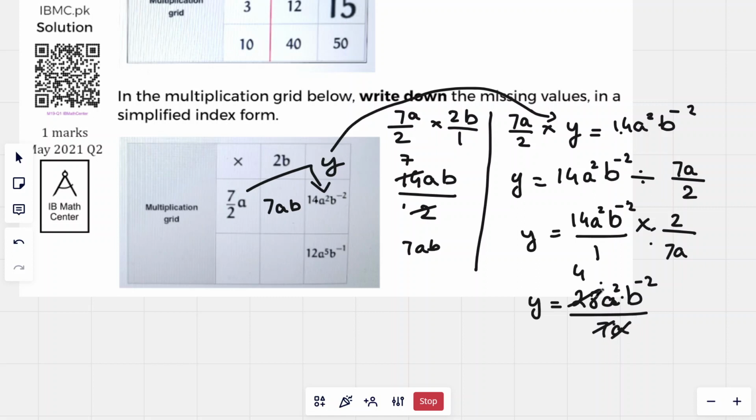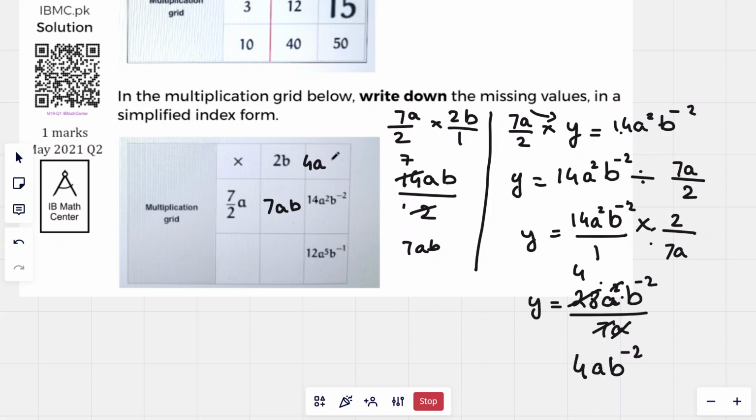We've got a in the denominator, we've got a squared in the numerator, so the a in the denominator will consume one of the powers. We'll just be left with 1a, or a to the power 1, and then b to the power negative 2 will remain as it is. So this missing number is basically 4a b to the power negative 2.